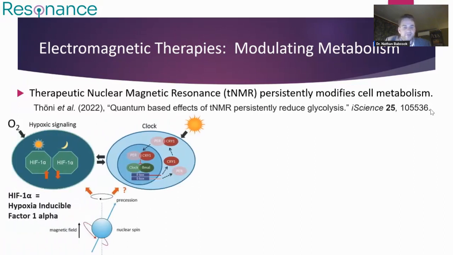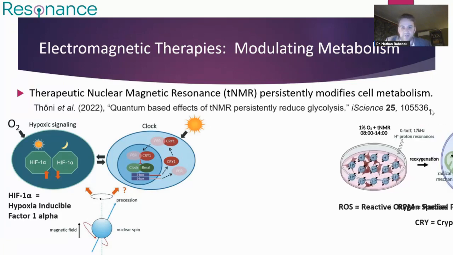In these kind of treatments, nuclear magnetic resonance is used not just to image cells, but to actually provide treatment through the interaction with the magnetic field and the nuclear spins in the cells. This can control hypoxic signaling, that is the cell's internal sense of how much oxygen it has to breathe, and also has an influence on the cell clock or circadian rhythm.